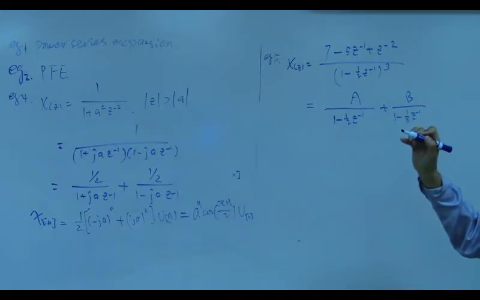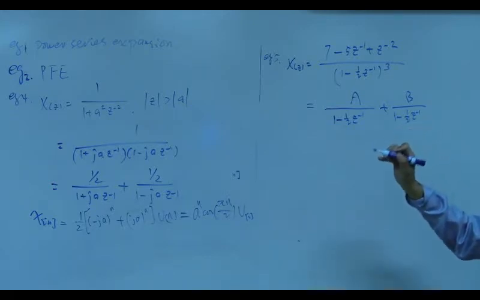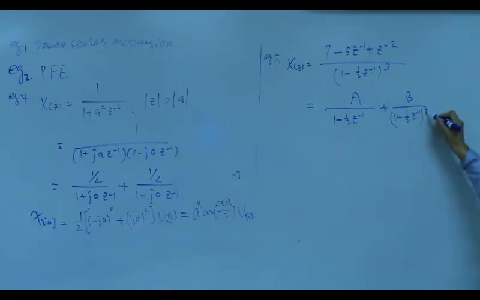Then the second term is B over 1 minus half z to the negative 1, squared. And then the next one will be C over 1 minus half z to the negative 1, cubed. We cannot have only this term. We need to have this term and this term.